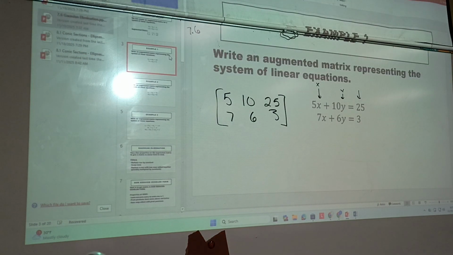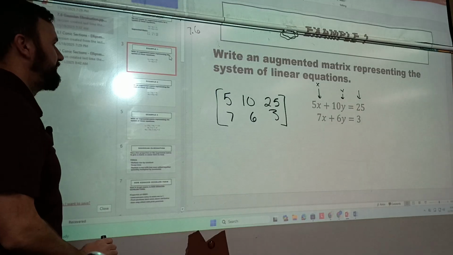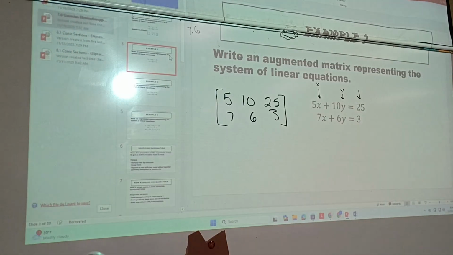You use your leading coefficients and you just write them down. That's half the battle in order to solve this. Once you have it in a matrix, I'll show you how quick this can be.